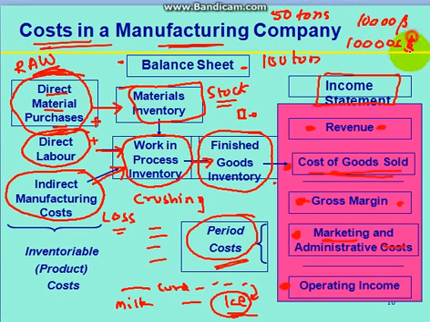So my dear friends, you made a profit of $90,000. So that is nothing but the operating income. So this is how the cost of manufacturing works in manufacturing companies. Hope you understood.